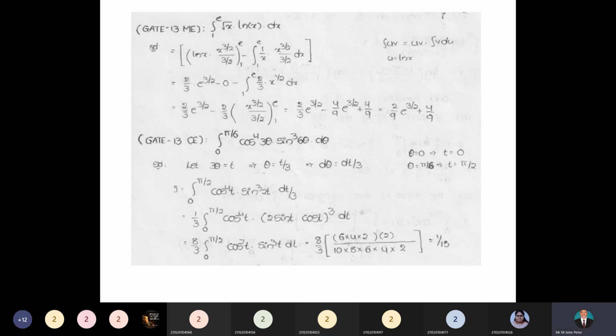Keep it in your mind. So that is 2 by 3 e power 3 by 2, the first constant. Second integration, we are getting 2 by 3 into x power 3 by 2 divided by 3 by 2, from 1 to e. Replace it, substitute, and simplify. You'll get 2 by 9 e power 3 by 2 plus 4 by 9 as the final answer.